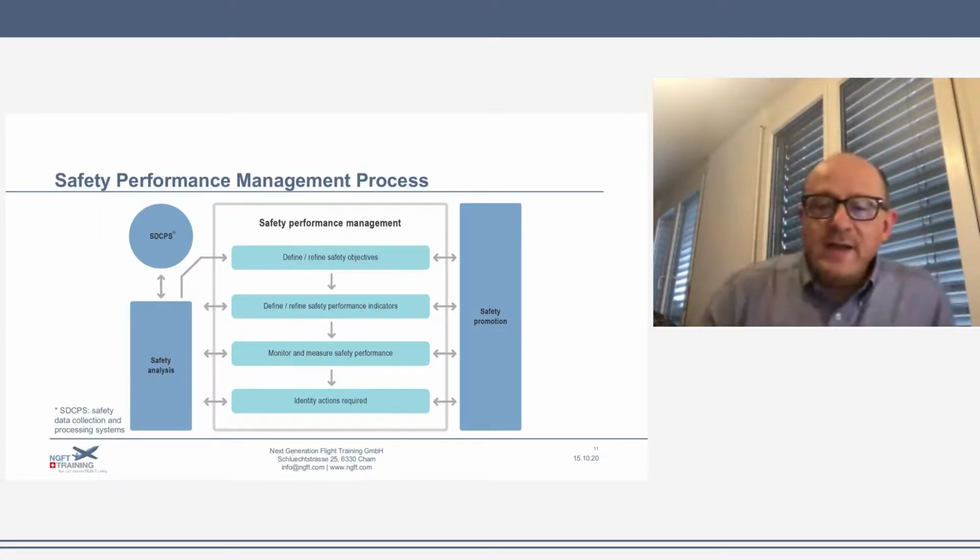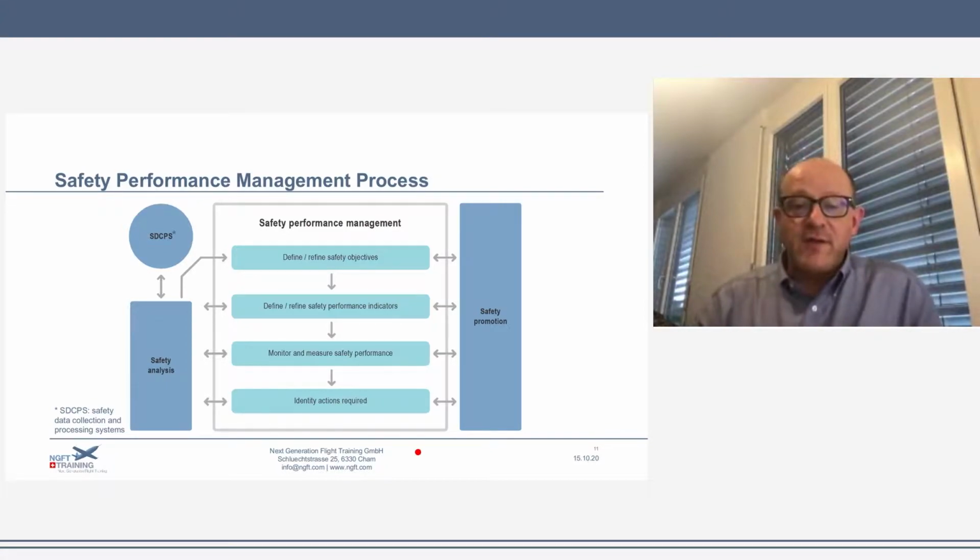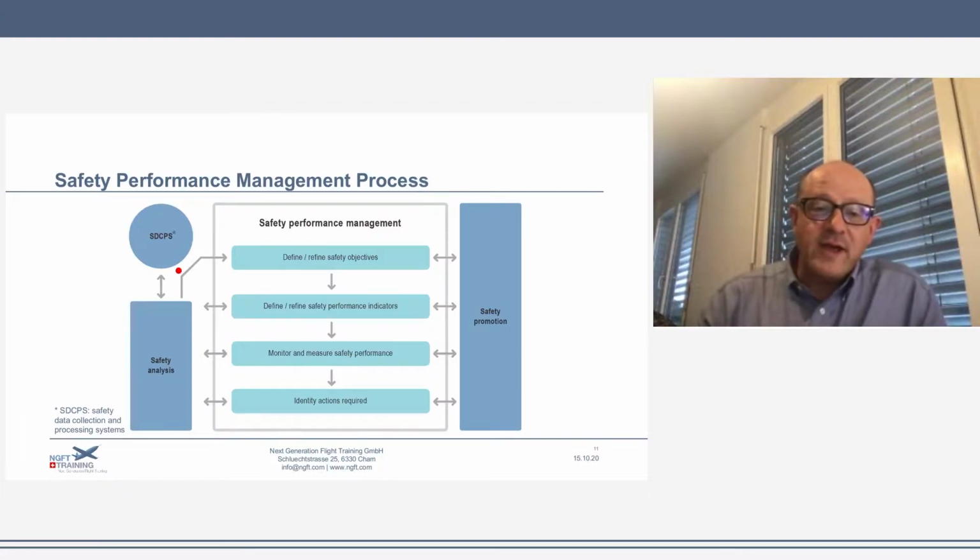ICAO defines this process as follows. They have a graphic in there. Now, here we have this safety data collection and processing system, okay? And when you look at that safety performance management part, you break it down quite simply.